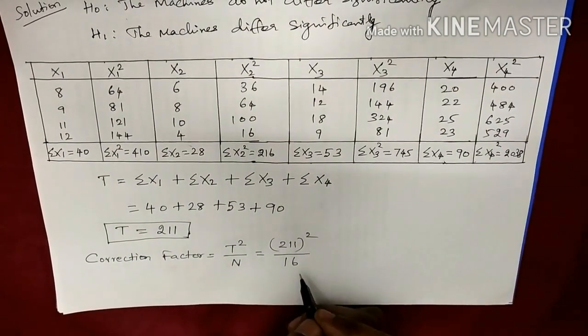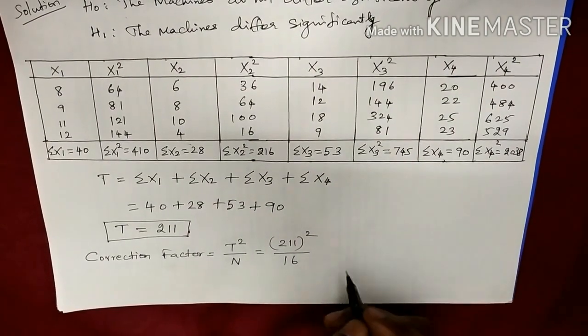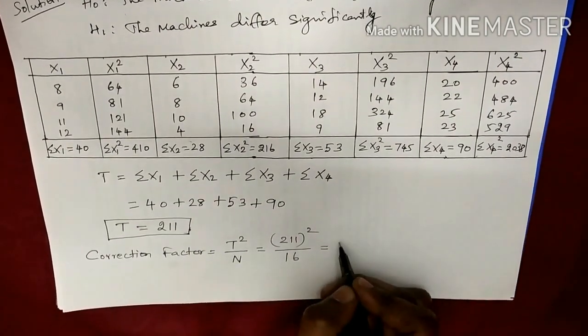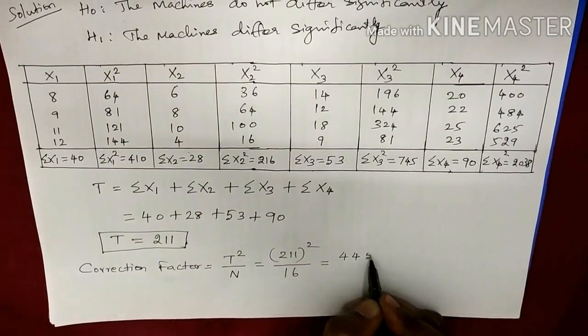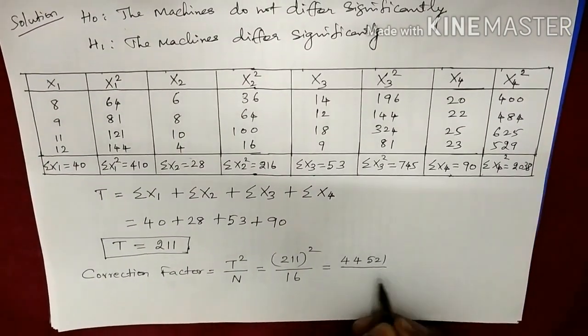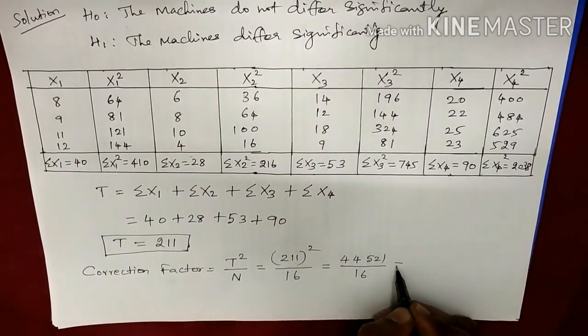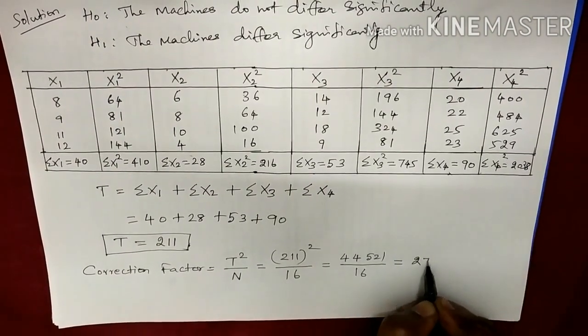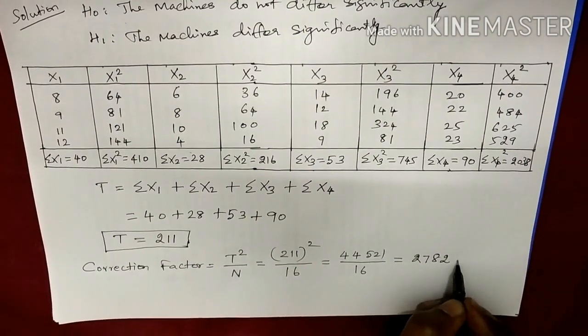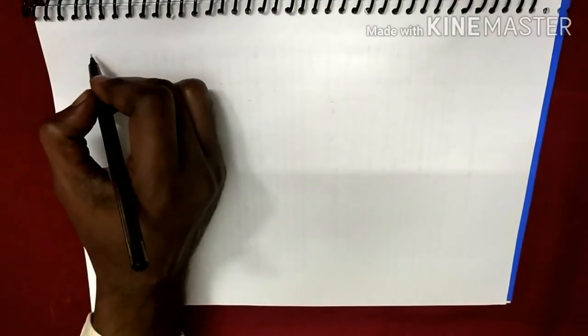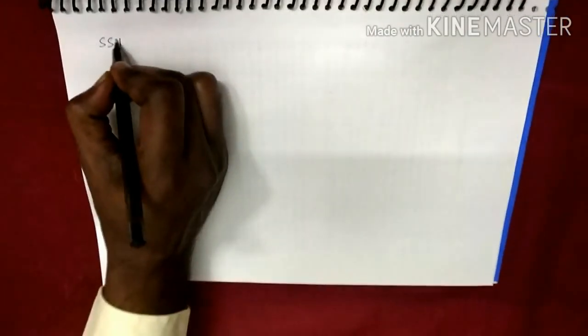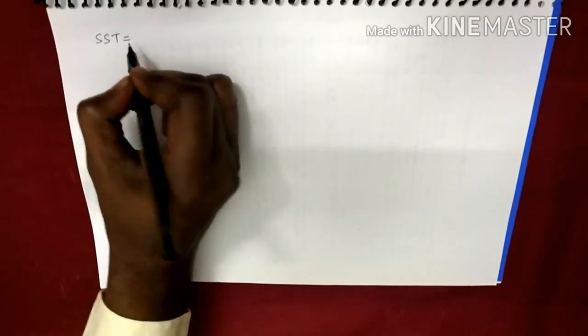Now the value is 211 square, which is 44521, by 16. So our correction factor is 2782.56.